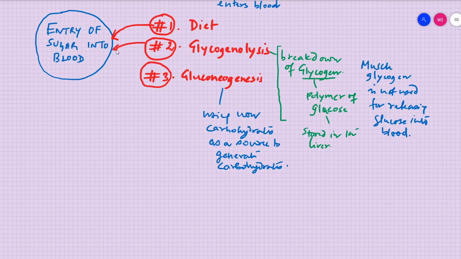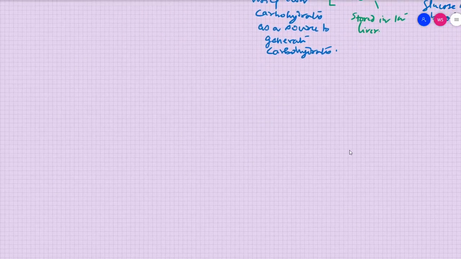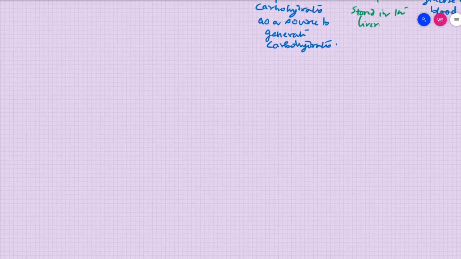Okay, so there are 3 sources of how sugar enters into the blood, and we are now going to look at diet. So what do we mean by diet? Diet is basically the food that we eat.